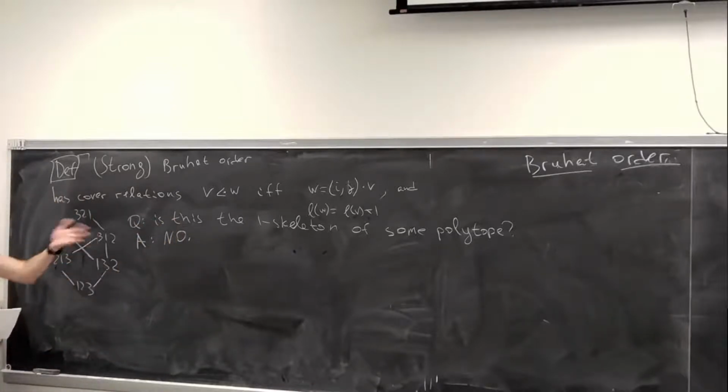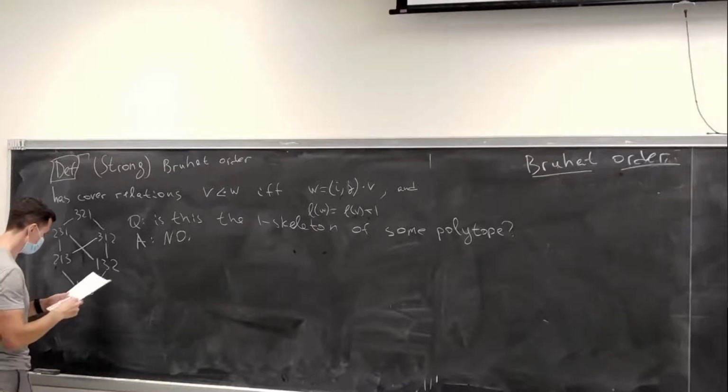And that illustrates my previous point that if you start with some arbitrary thing, then it doesn't have to come from a polytope. But still, I'm not going to actually discuss this too much, but let me just mention, because I think it's pretty cool.